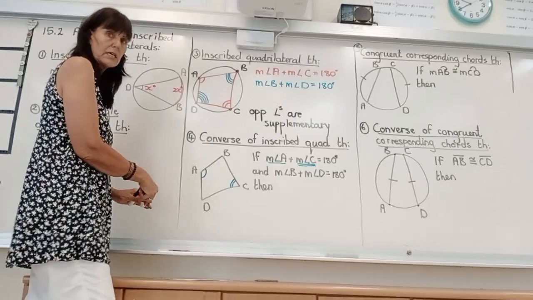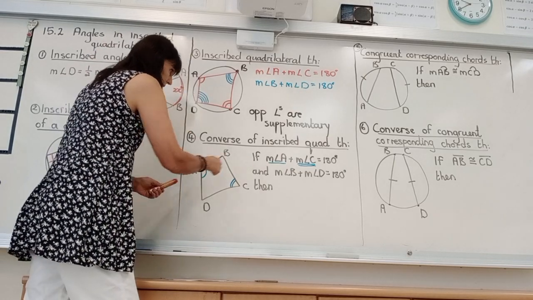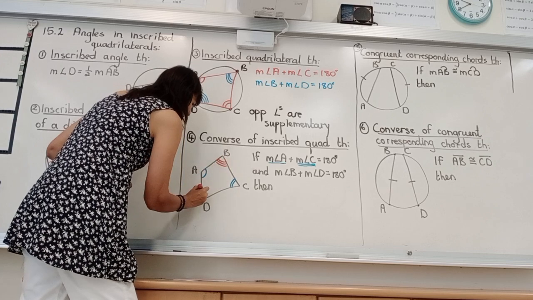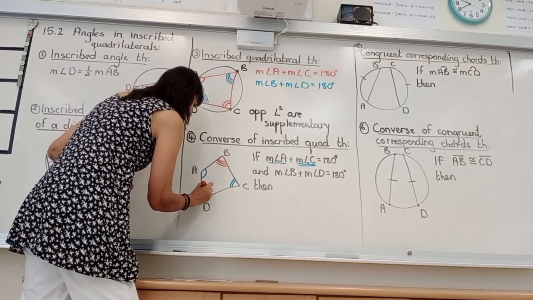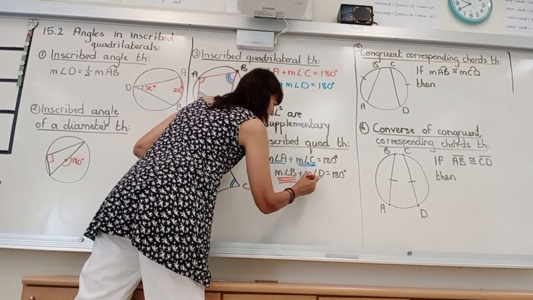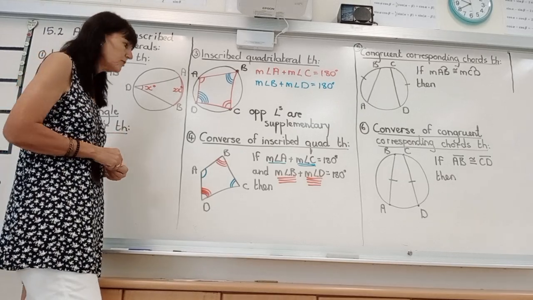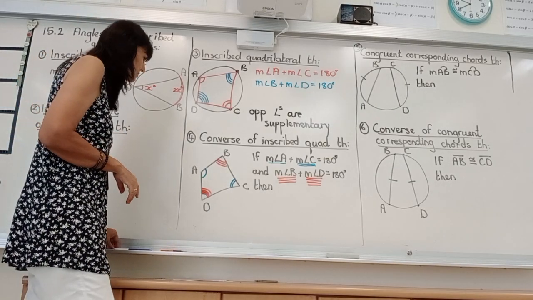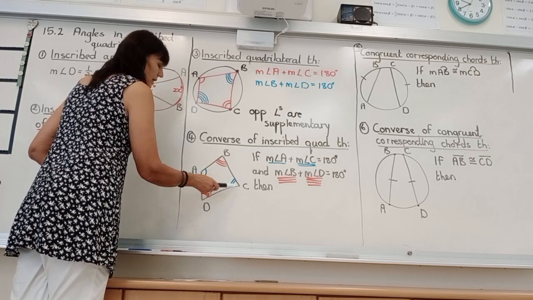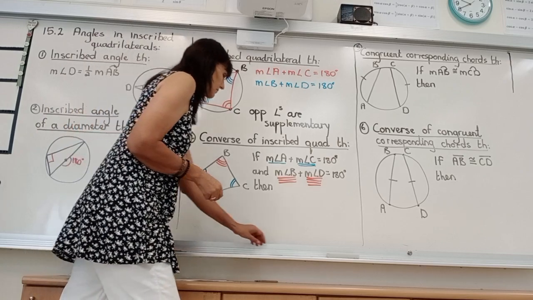We can also see they give us that B and D, if I add them, will definitely give 180. What can we state afterwards? We can say that the vertices of this quadrilateral will lie on a circle.